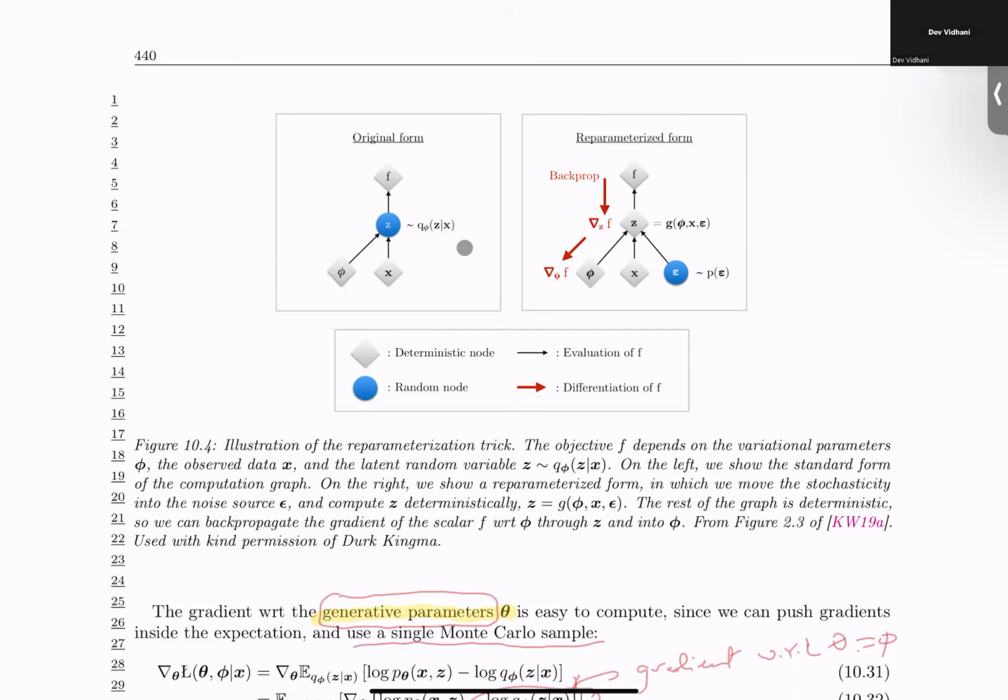So if you see the change of variable that we applied here, instead of q(z given x), by introducing this random node with its own distribution, Z now becomes a fixed value, a function of phi, x, and epsilon, and then we can pass the gradient along to optimize or find F.